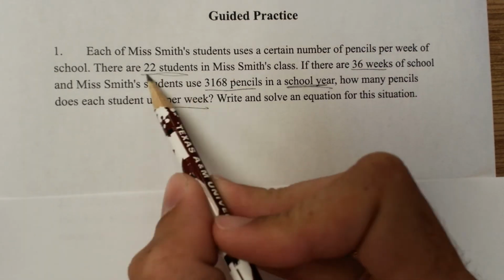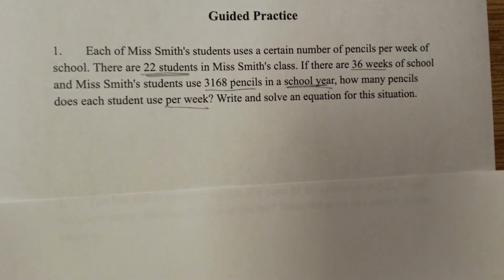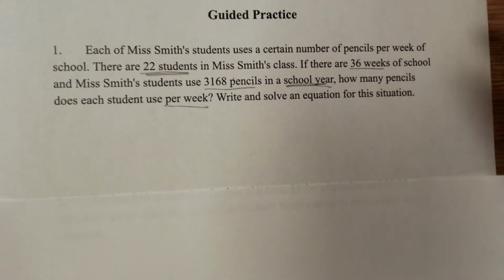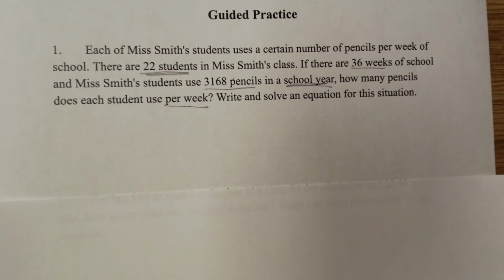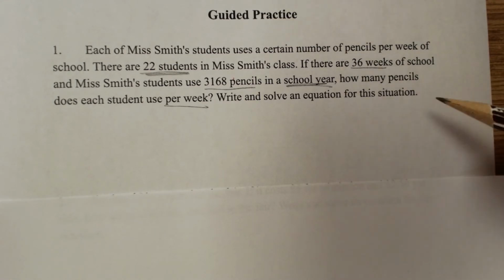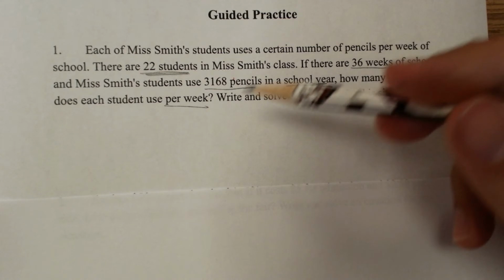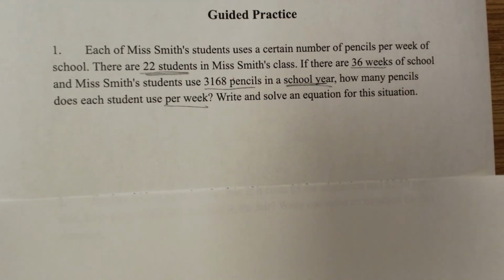And she has 22 students. Okay, so you've got to take the information that you know and you've got to think a little bit. It takes a little bit of critical thinking to figure out how to solve this question. So our final answer is going to be the number of pencils a student uses per week.